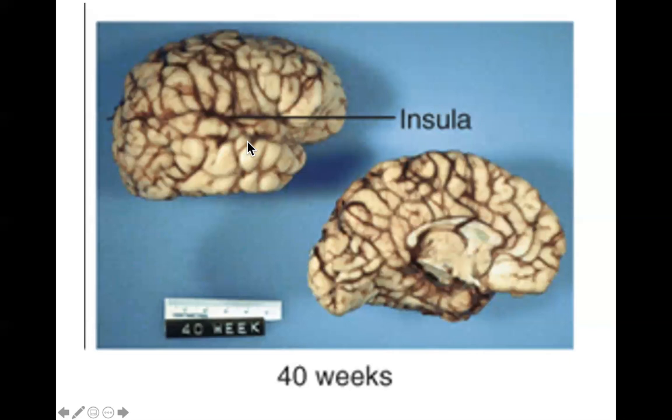Now, next question I have for you is this 40-week brain fully developed? And the answer to that question is absolutely not even close. So my next question for you is, when will this brain be fully developed? When will the final connections be made? When will the last of the cortical cells be?